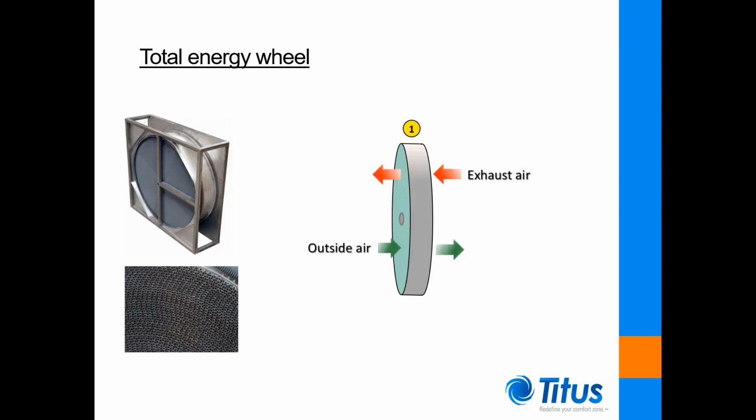Supply air passes through one sector of the wheel, while exhaust air passes through the other side. As the wheel rotates slowly, both heat and moisture are transferred from the warm outdoor airstream to the exhaust air. During winter conditions, these transfers are reversed.